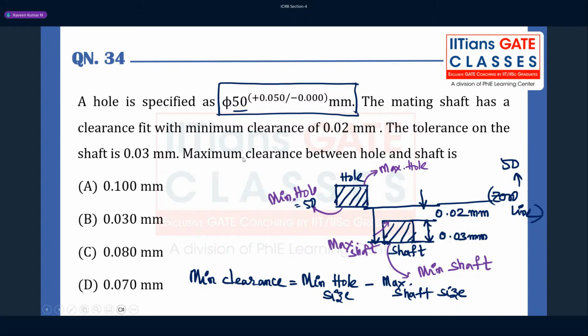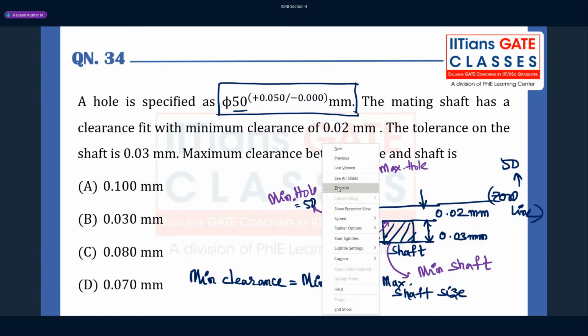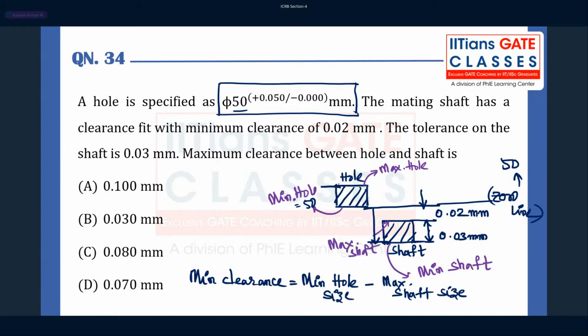They're asking the maximum clearance between the hole and the shaft. Maximum clearance is the maximum hole size minus the minimum shaft size. You found the maximum shaft size, but you have to find the maximum hole size also.